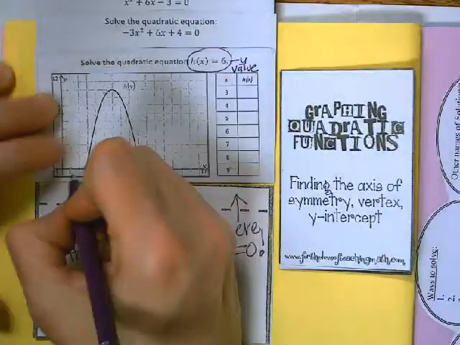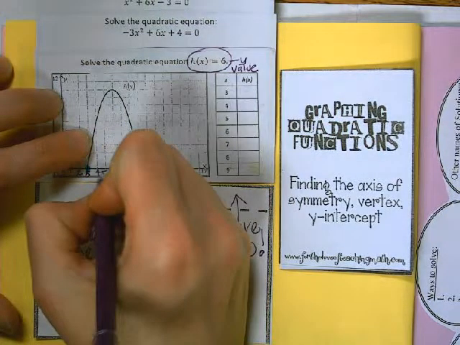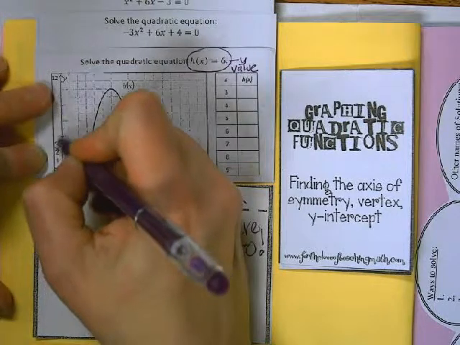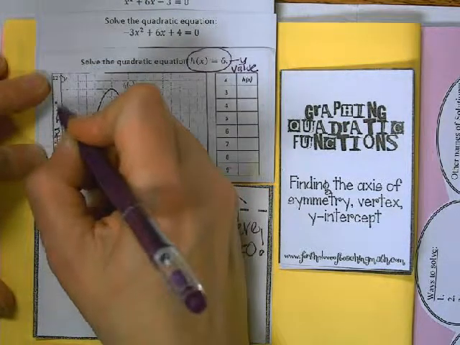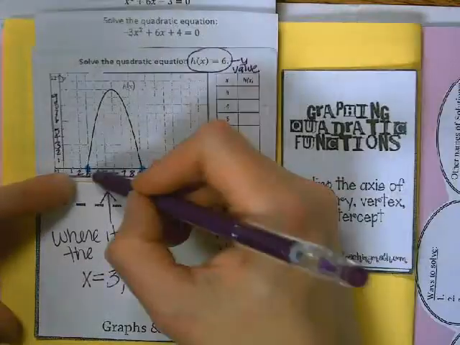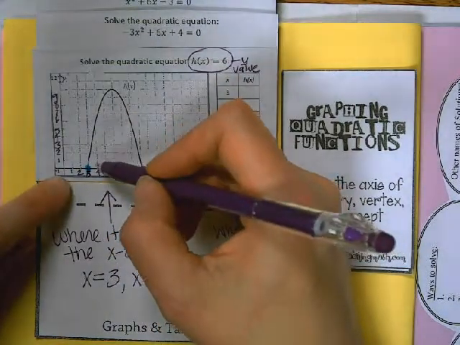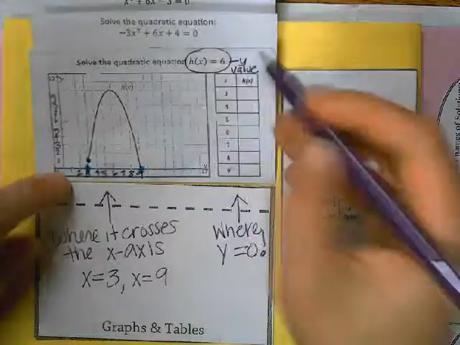So let's fill in the table for what we know. So this is 2, 3, 4, 5, 6, 7, 8, 9. Okay. And this is 2, 3, 4, 5, 6, 7, 8, 9. Okay, so 3 is at, actually 3 is at 1.